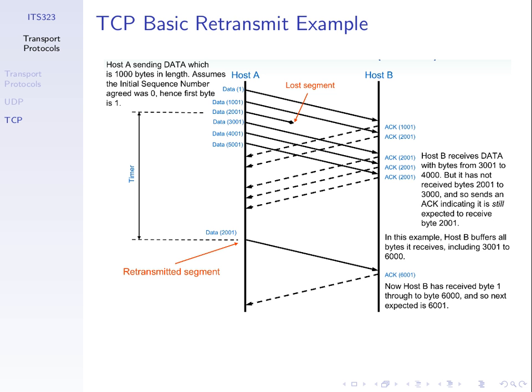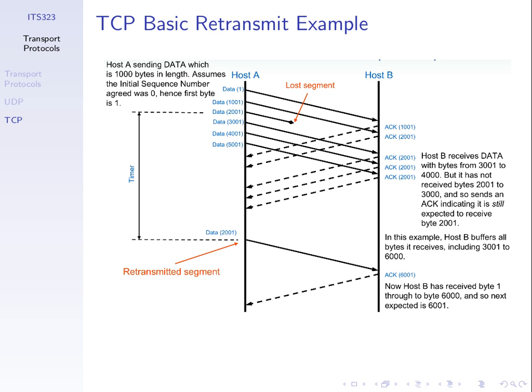Okay. How about the last 3 segments? Do we have to send back the ACK? So from B's perspective, it receives these 3 segments. It sends back an ACK, but note the ACK number is not really acknowledging those segments.